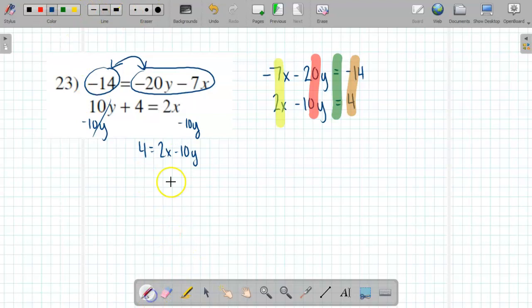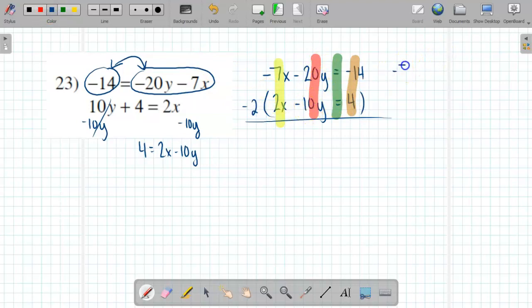Once we get that set up, now we're going to look at the problem. Right now, if I add these together, nothing's going to cancel. There's nothing I can multiply 7 by to get 2, or 2 by to get 7. But right here, if I multiply 10 by 2, I would get 20. In particular, if I multiply by negative 2, then I get positive 20, and the y's would cancel.